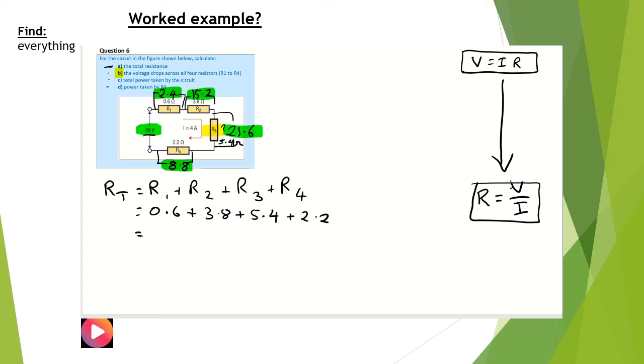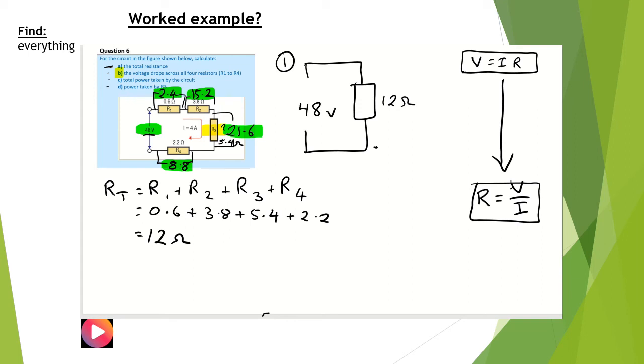0.6 plus 3.8 plus 5.4 plus 2.2 equals 12 ohms. So we could redraw this circuit with a 12 ohm resistor connected to a 48 volt supply.